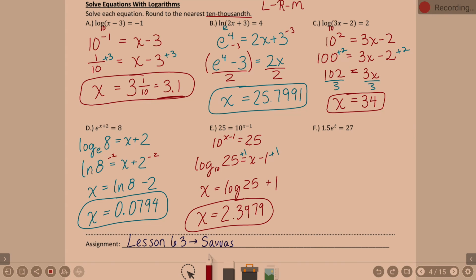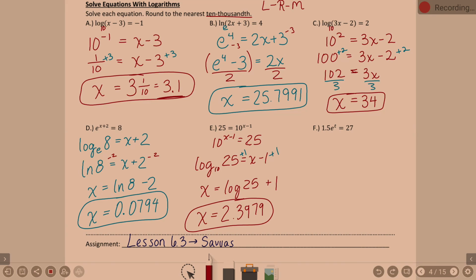Maybe I should ask what's different about this problem. Well, it's t instead of x. Is that going to make much of a difference? No. Yeah, there's something attached to the e to the t.